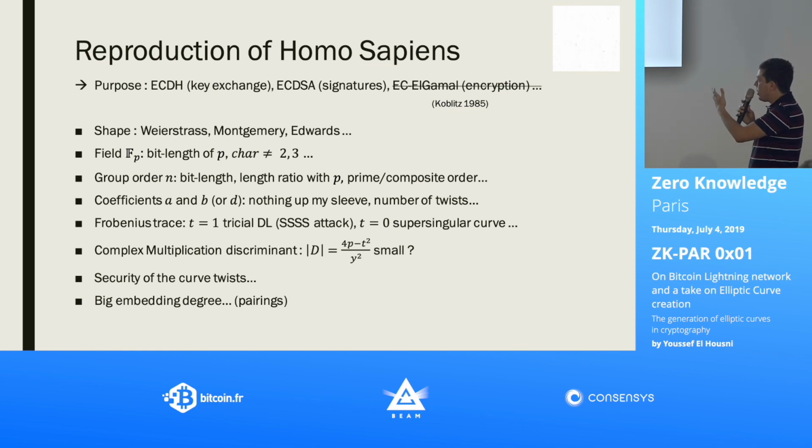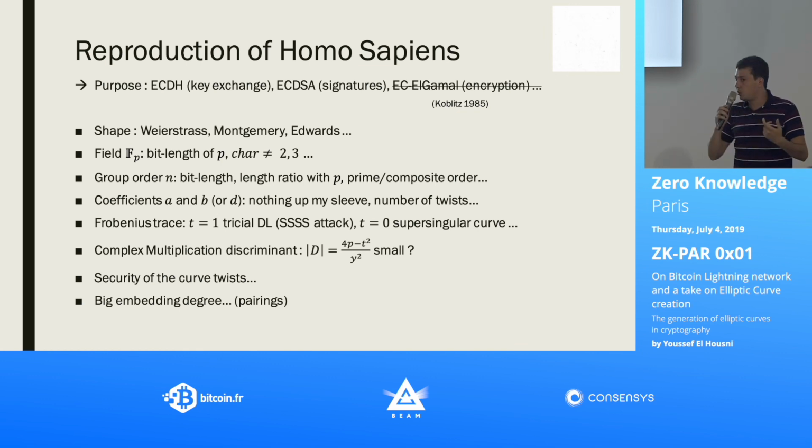So I need an order that is 256 bits in order to have a 128-bit security level. I want also the ratio between p and the order to be small. I do operations on this group, but let's not forget that the x and y coordinates of the point are in F_p. So I do operations on both arithmetics.